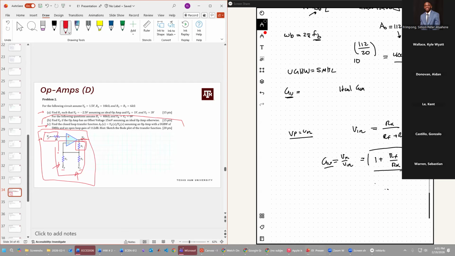So we know what Rf is. This is 48K. This is 3K. So the gain just becomes 17.